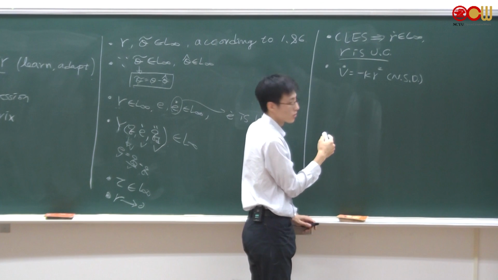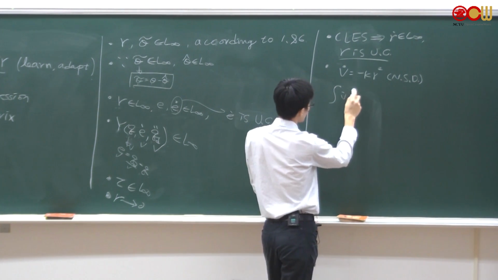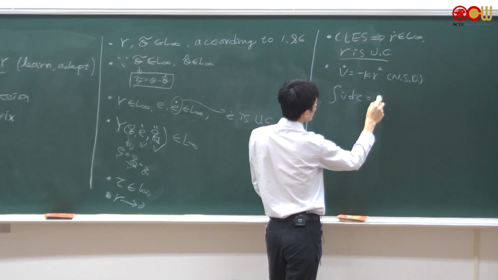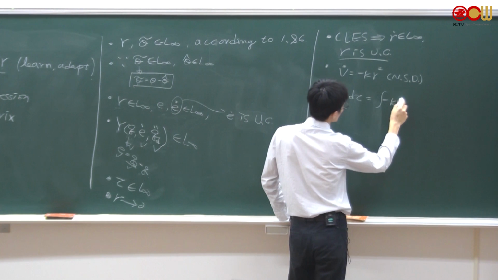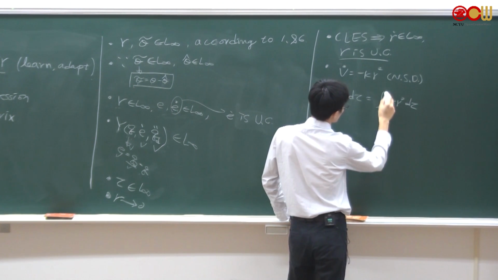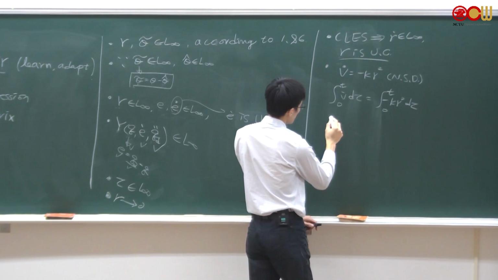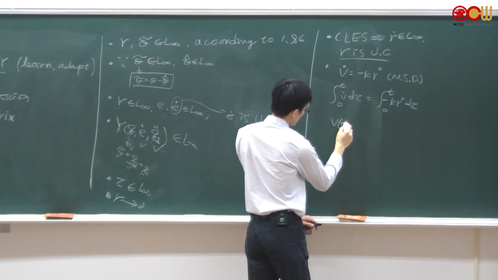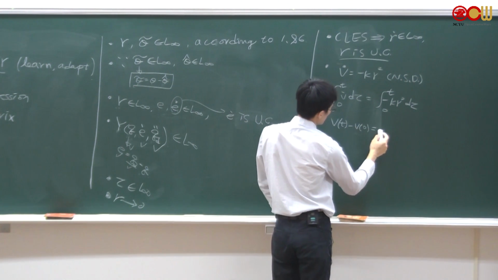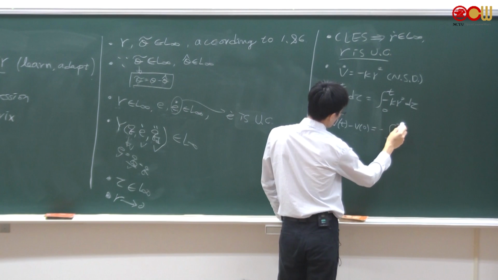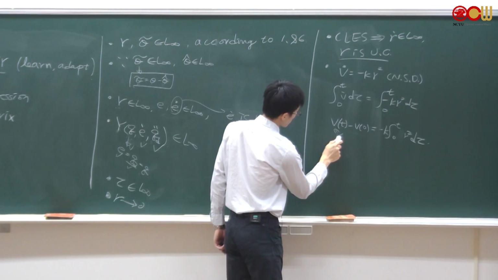If you integrate both sides, you get V(t) minus V initial condition equal to this, and this is bounded.